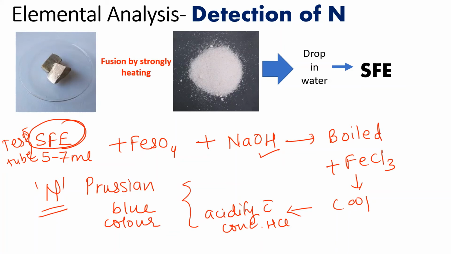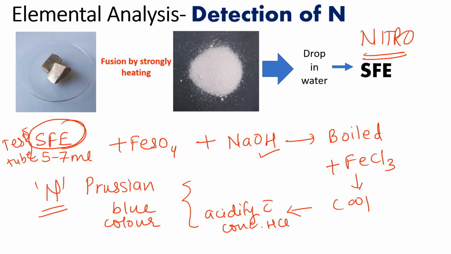Usually it is observed that the test for nitrogen is unsatisfactory, and it is especially difficult to get the test positive for nitro compounds. Very difficult to get the test positive for nitro compounds.